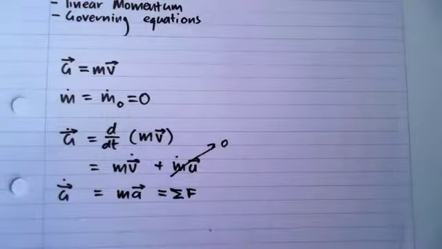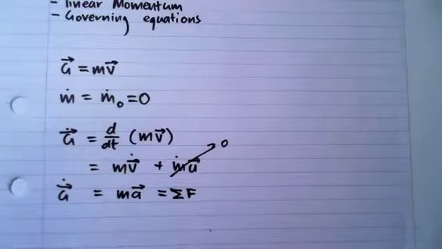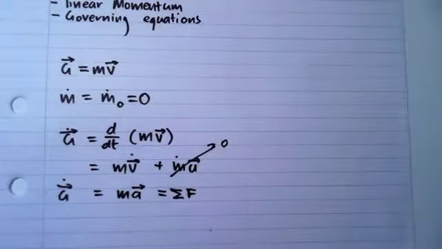The next thing that we will say is that momentum, like a force, can be broken up into directional components. So we can look at the x direction and the y direction.